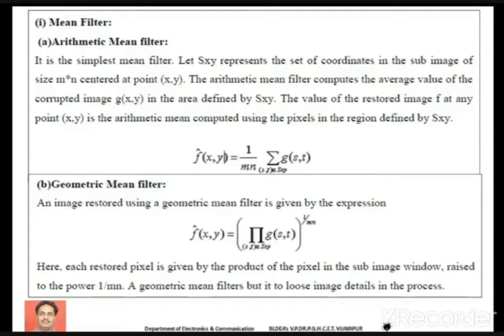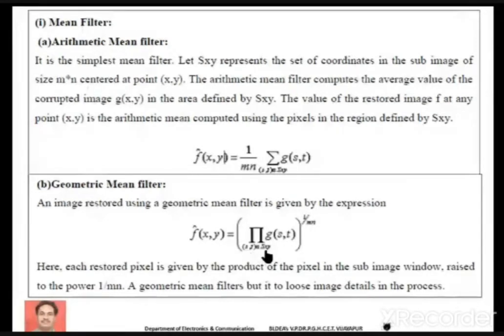That's why we have other options also. Like the next filter, the geometric mean filter. In this case, the restored pixel is given by the product function. This symbol indicates the product of g of st, where again s comma t belongs to Sxy.